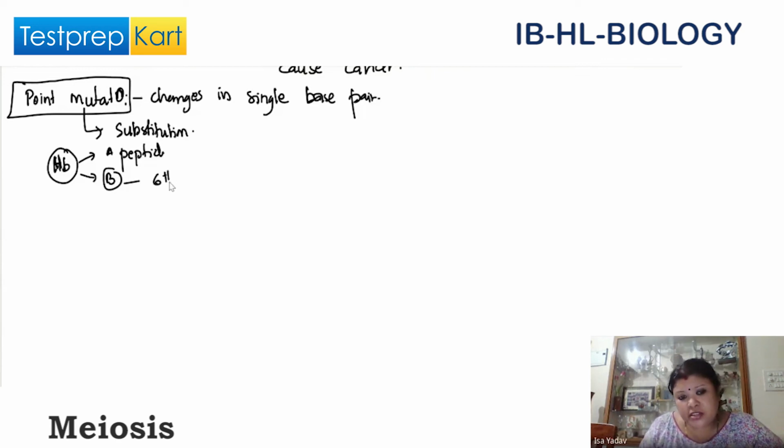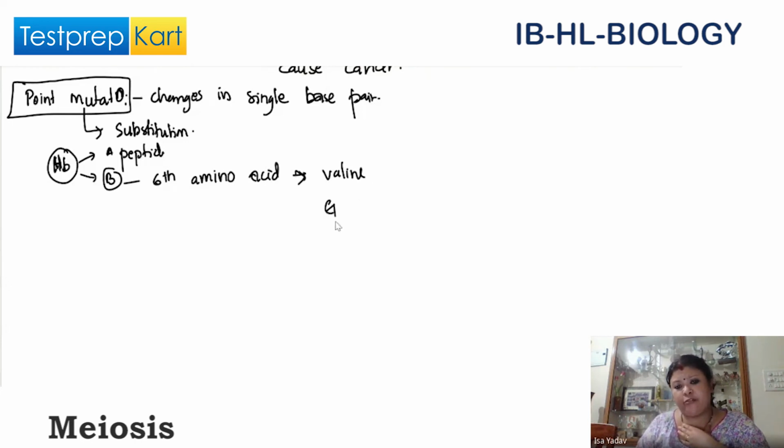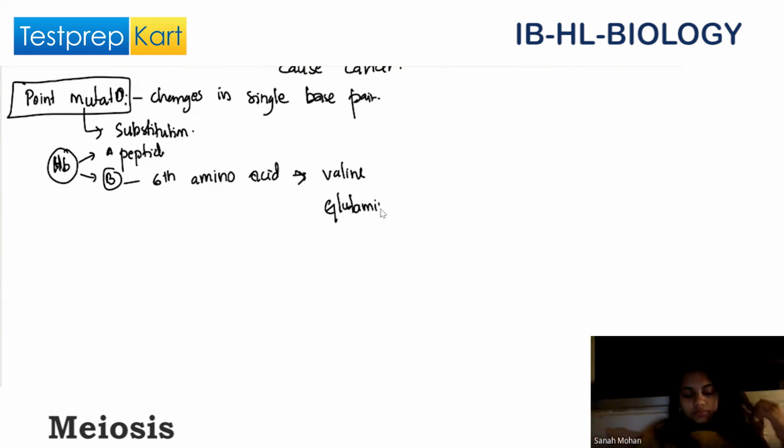The sixth amino acid becomes valine instead of glutamine.